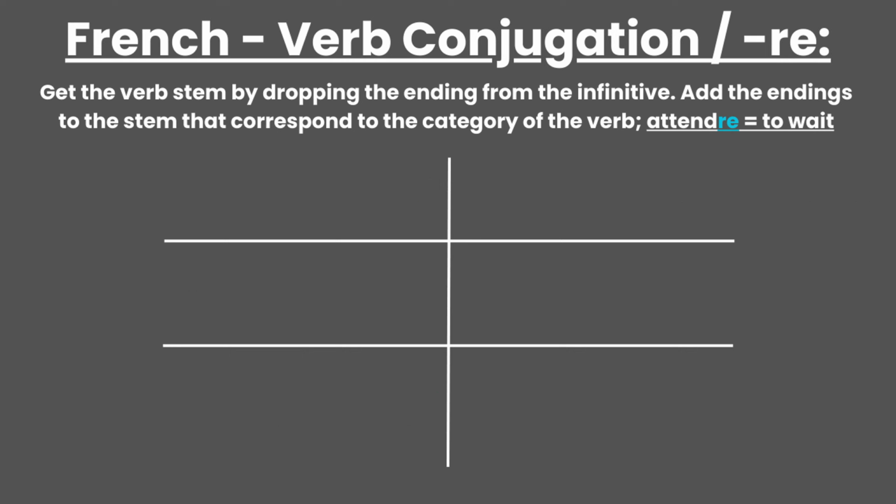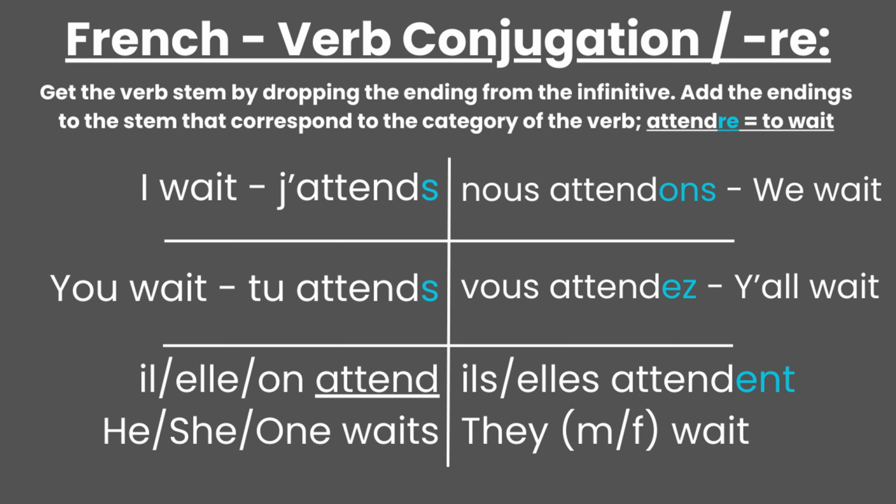Let's finish with re verbs, like attendre, to wait. The conjugation pattern for such verbs in the present is also similar, where we get the verb stems by dropping the endings and then adding the corresponding endings to the category of the verb.